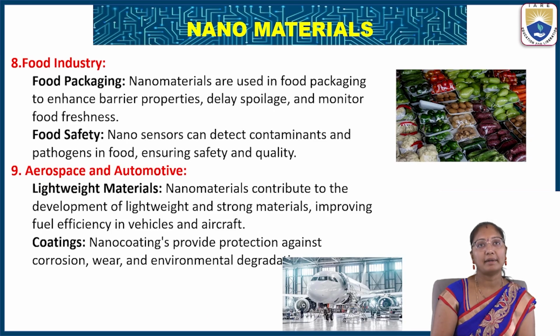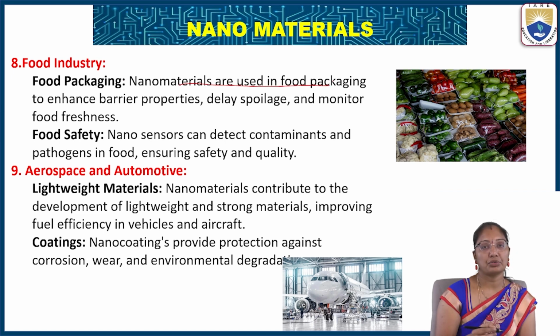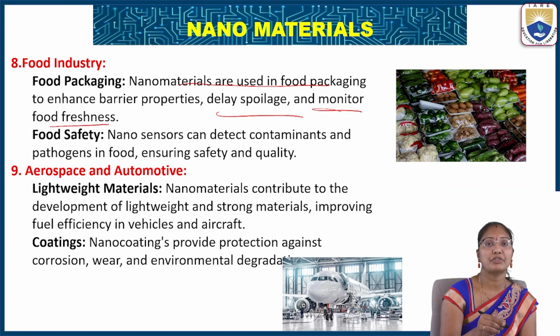Coming to the food and packaging industry, food packaging. Nanomaterials are used in food packaging to enhance the barrier properties, delay spoilage, and monitor food freshness. Food safety: these nanosensors can detect contaminants and pathogens in food, ensuring safety and quality. The next section is aerospace and automotive.